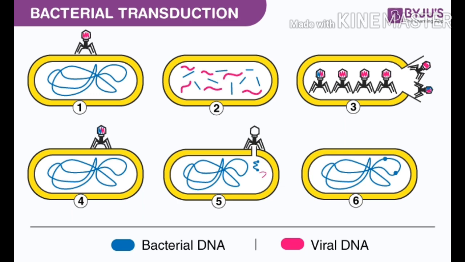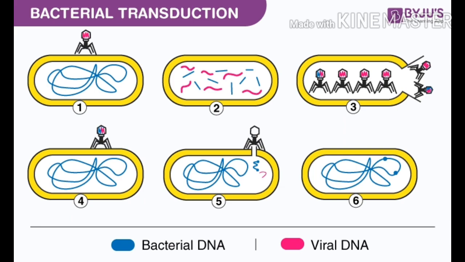Now the protein coat will remain outside, but it will transfer its own DNA into the bacterial DNA. The bacterial DNA and virus DNA will get fragmented, and then it will produce its own copies inside the bacteria. So this was about the transduction, which takes place with the help of the bacteriophages.